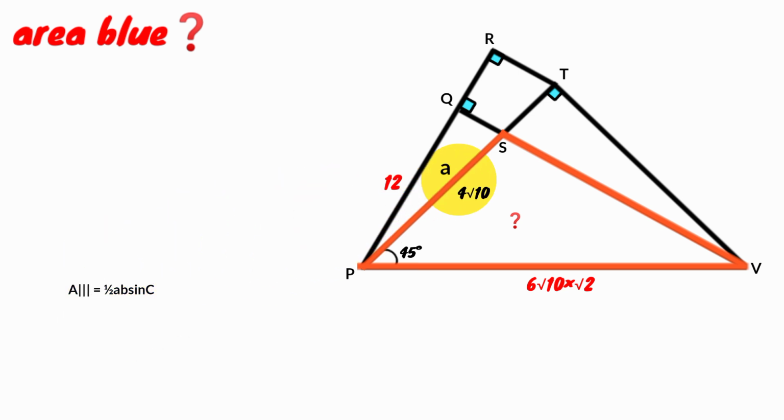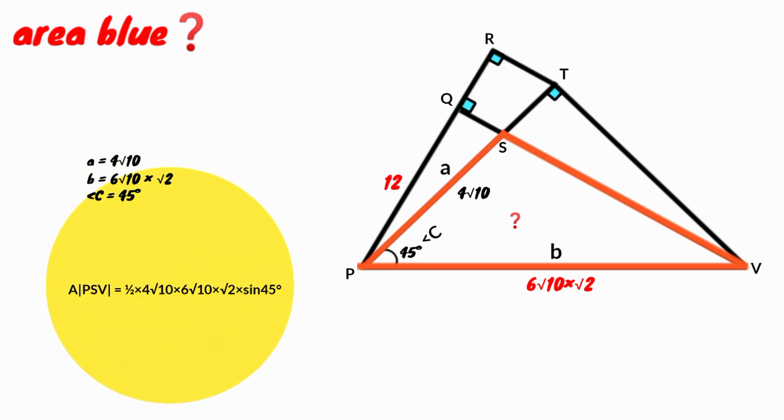If we let this be A and this B, this must be angle C. So A equal to 6 root 10, B equal to 6 root 10 times root 2, and angle C equal to 45 degrees. Substitute it here. So area of triangle PSV equal to 1 over 2 times 4 root 10 times 6 root 10 times root 2 times sin 45 degrees.